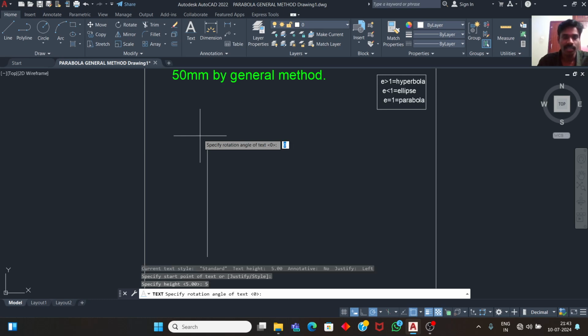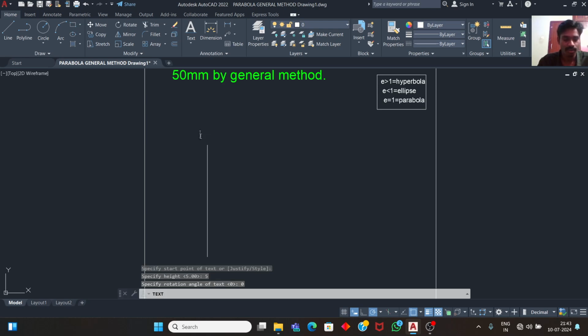Enter and give the rotation of the text, that is 0. Enter. So give the naming directrix. Next, this point is A and this point is B, and the middle point is C.